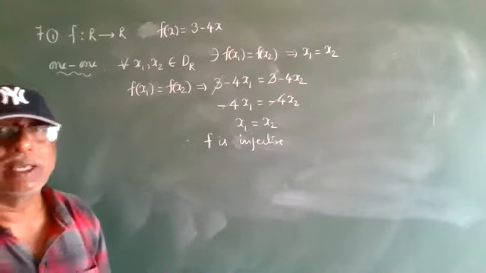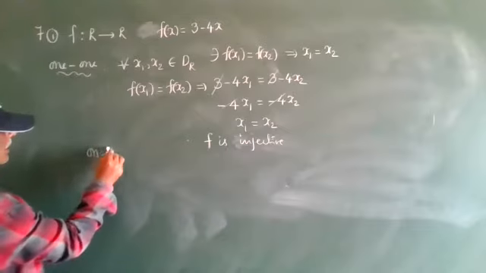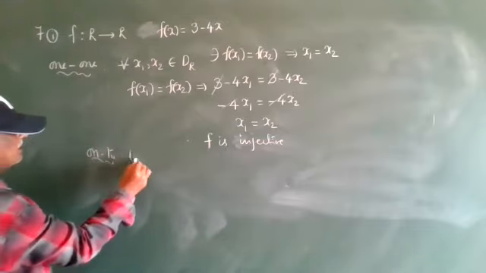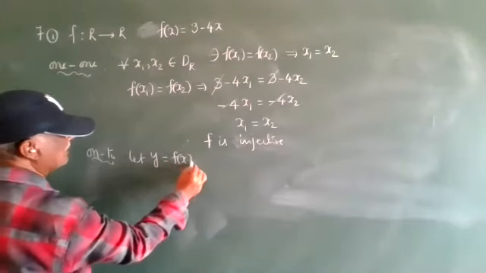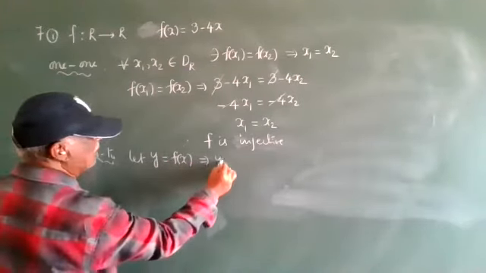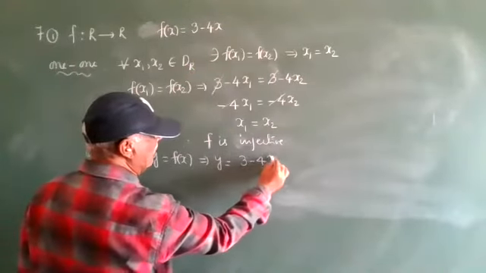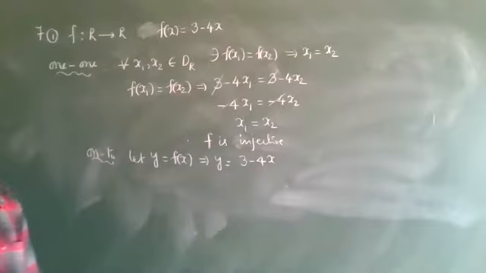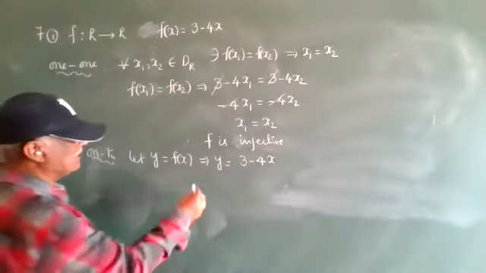Now go through the onto function. What is the onto function? Let y is equal to f of x. Y is equal to 3 minus 4x. Immediately find the x value.